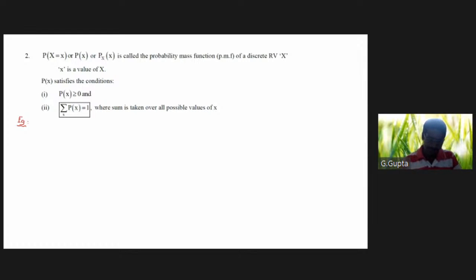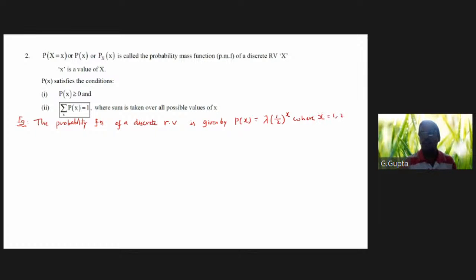The question is, the probability function of a discrete random variable, RV stands for random variable, the short form, is given by P of X is equal to, sometimes some people denote by capital X, don't worry about the notation, lambda times half raised to x, where x takes the values 1, 2, 3, and so on.